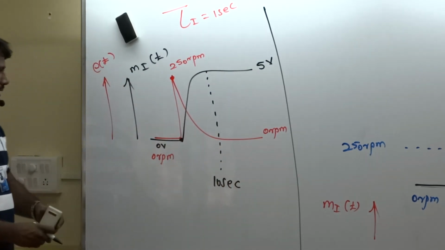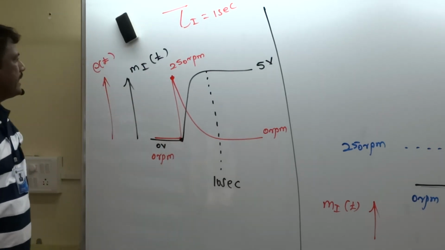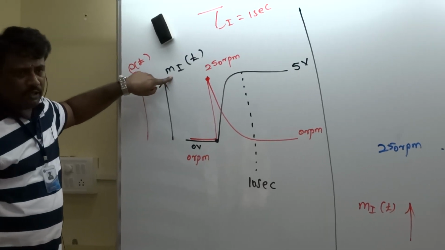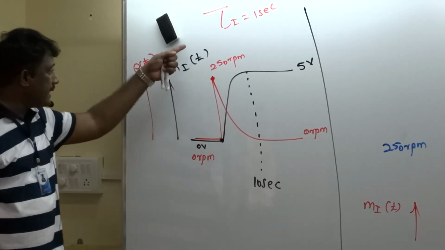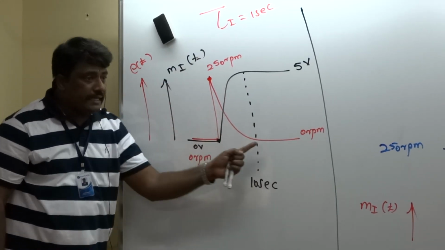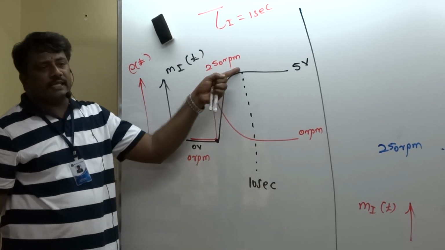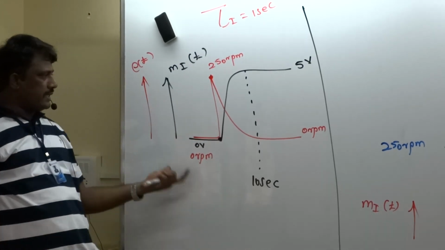Okay, understand it. So when tau I equal to 1 second, this is how the error signal makes your integrator output increase with respect to time. Even though error decreases, what's the contribution from the integrator? It keeps on increasing its output till error becomes 0.